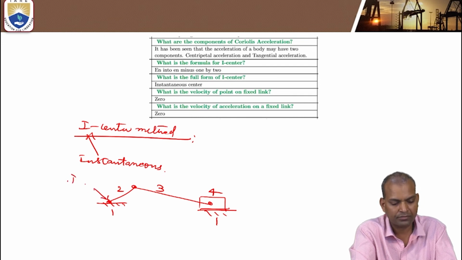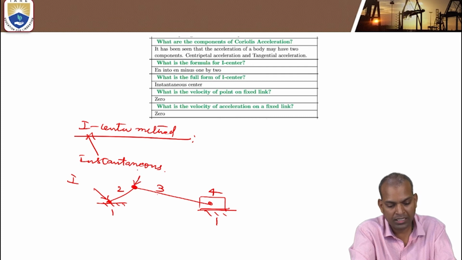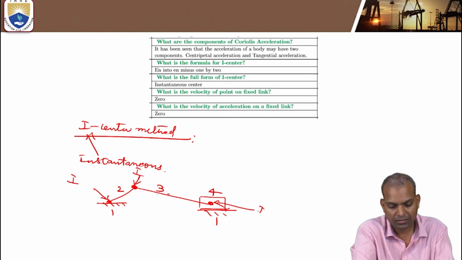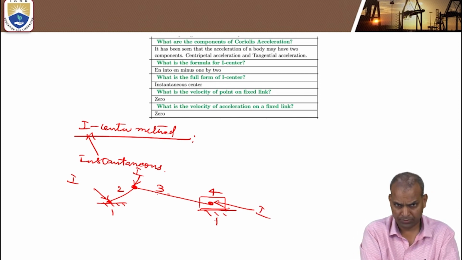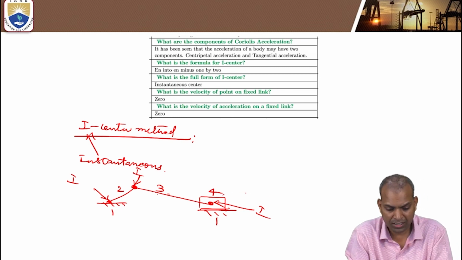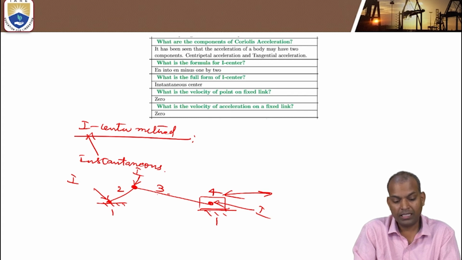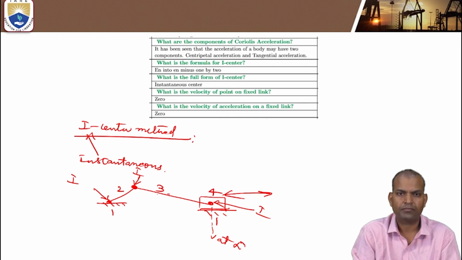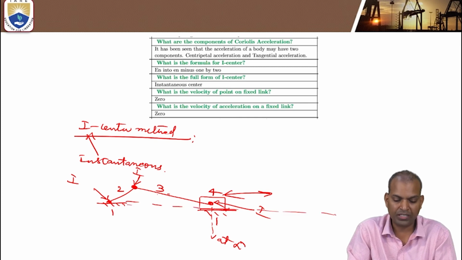This is an I-center. 2 and 3 rotating about this joint, that is another I-center. 3 and 4, this is another I-center. But 4 is moving with respect to 1, not in rotation. It has a translatory motion. Where is the I-center? The I-center of a slider is at infinity. It is along a straight line anywhere, because it is at infinity.